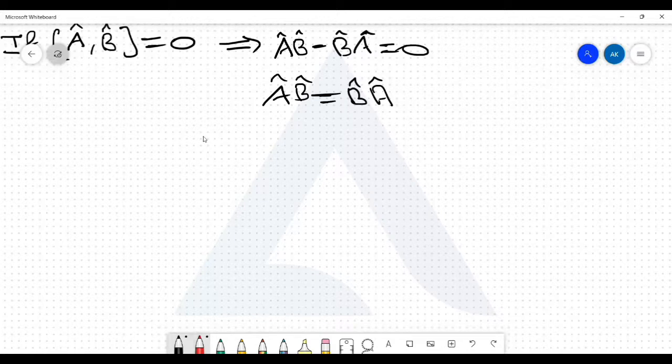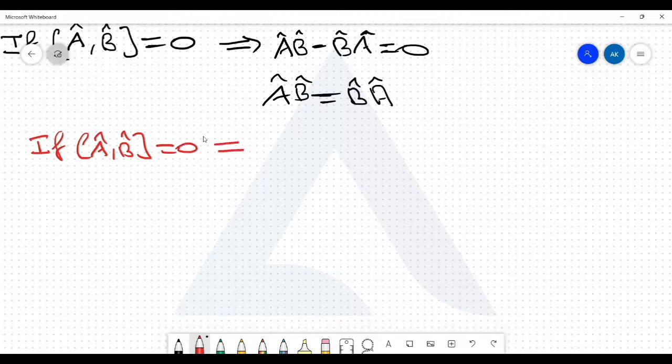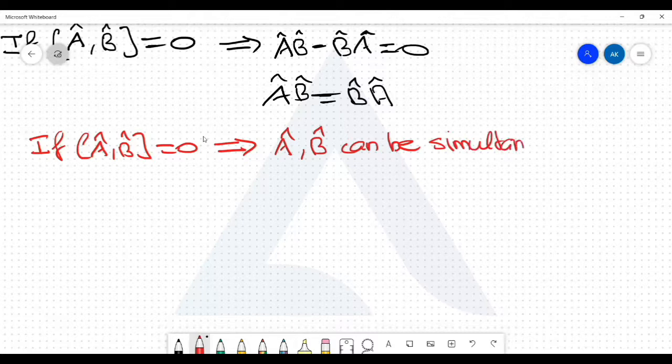The physical meaning is nothing more than this: if the commutator of A and B equals 0, that implies A and B can be measured simultaneously. That is the meaning of it.